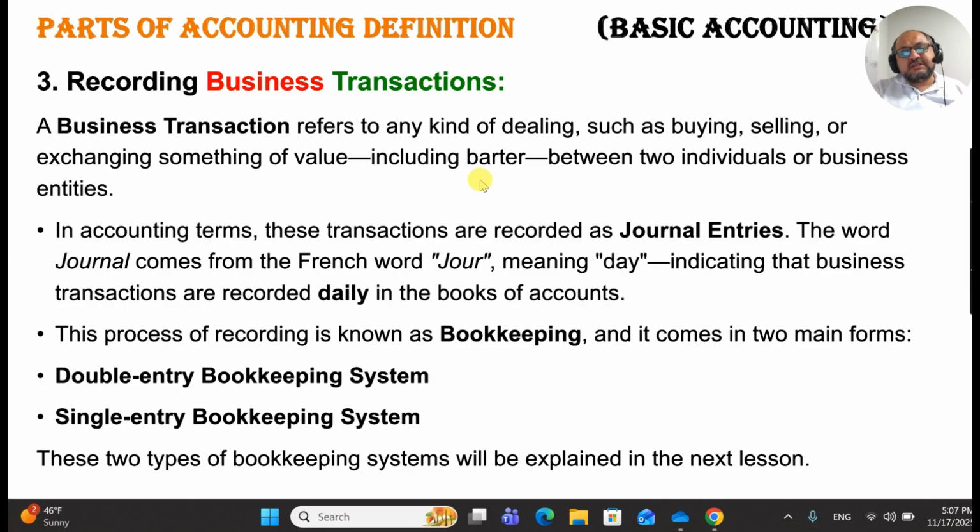But the barter system is an old system of dealing between 2 persons. What was this? In exchange for one item, another item was given between 2 persons.